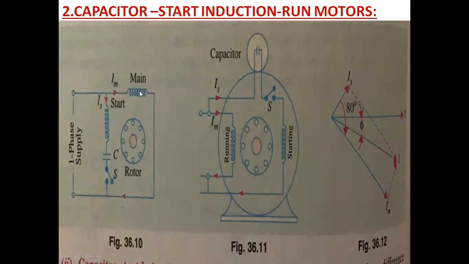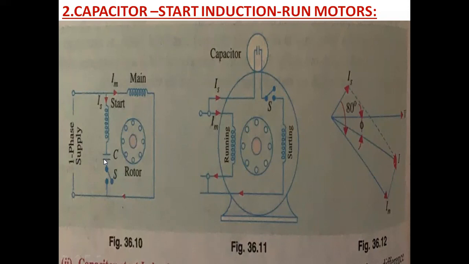The phase difference between IS and IM is produced by connecting a capacitor in series with the starting winding. Because capacitor means what? It gives leading current with respect to the reference vector.